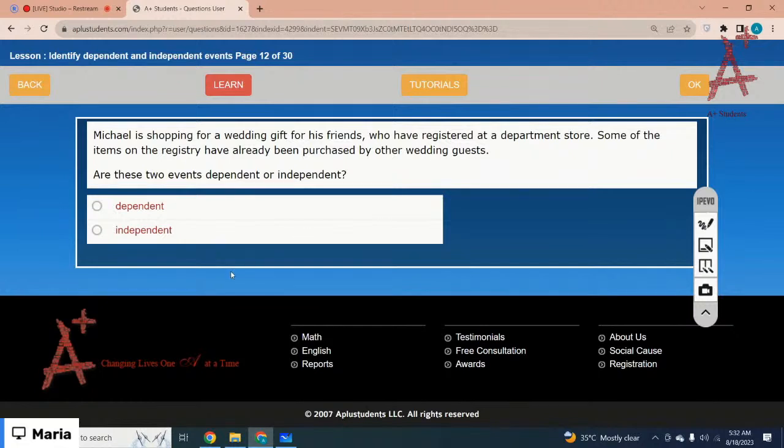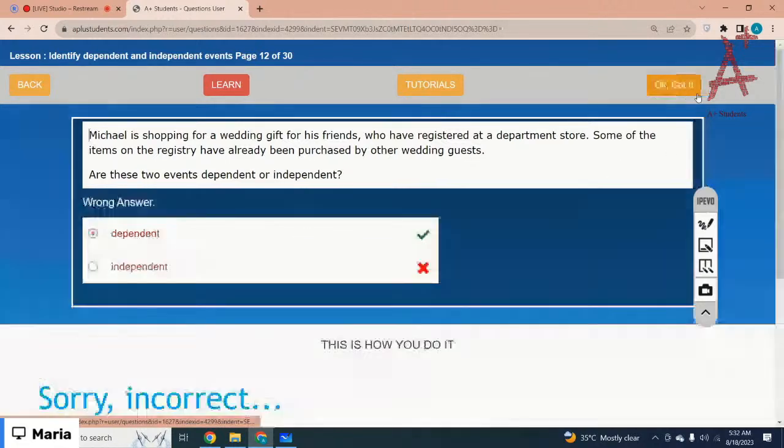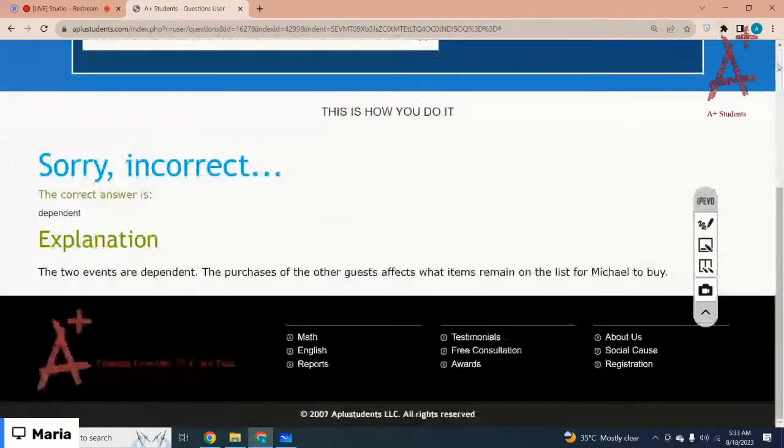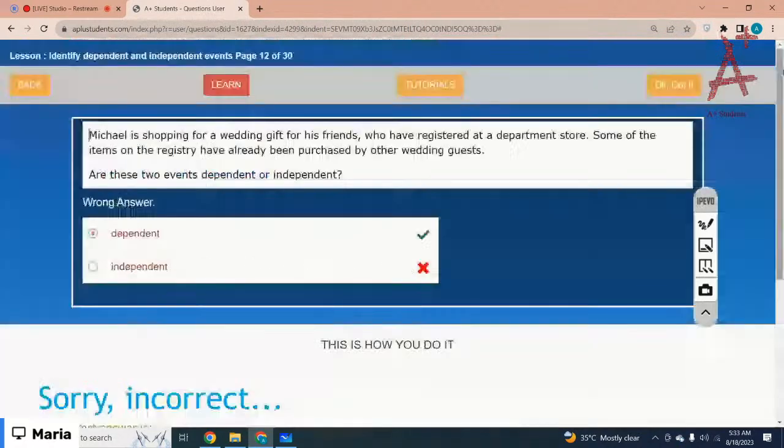Because they are registered and some of the items are already purchased, they are dependent, right? Complete the lesson by yourself later today.